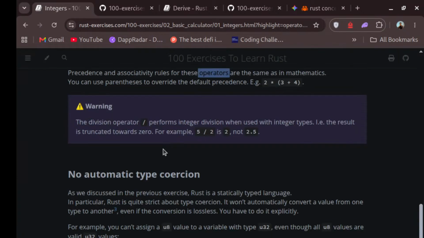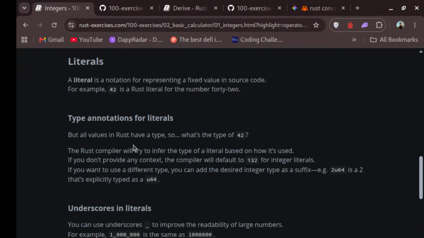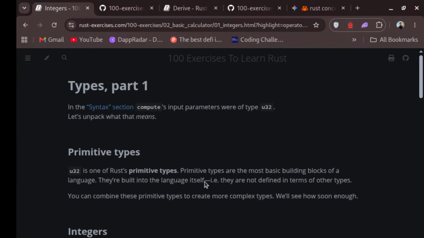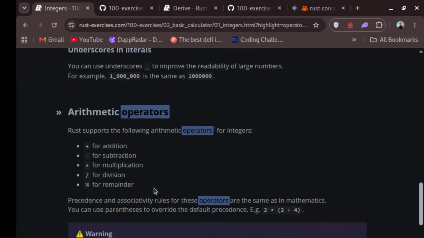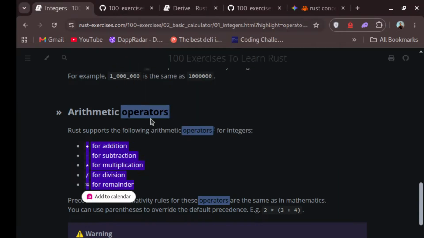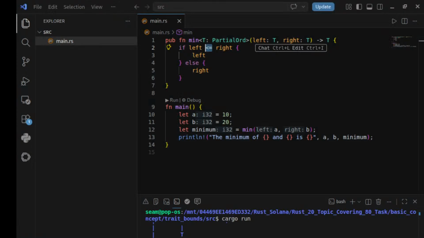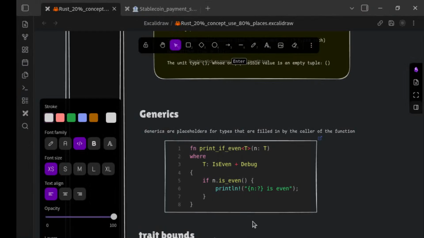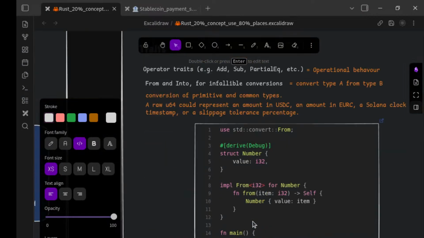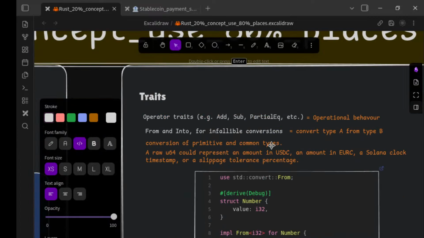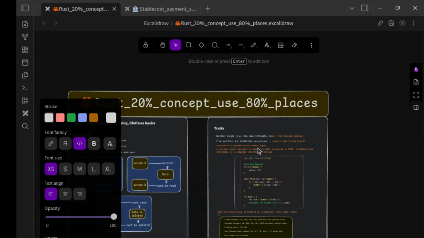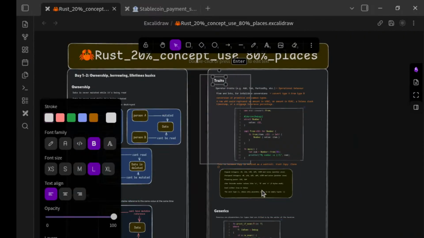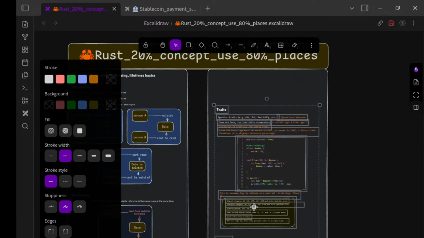Okay, they are the arithmetic operators. So for types, if we want to use them, we have to implement which trait bound. If we want to use operators, then we have to use trait bounds, like those things.